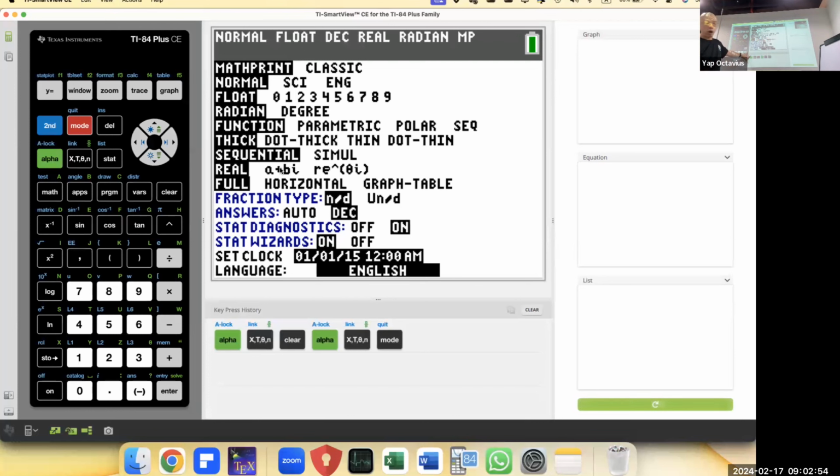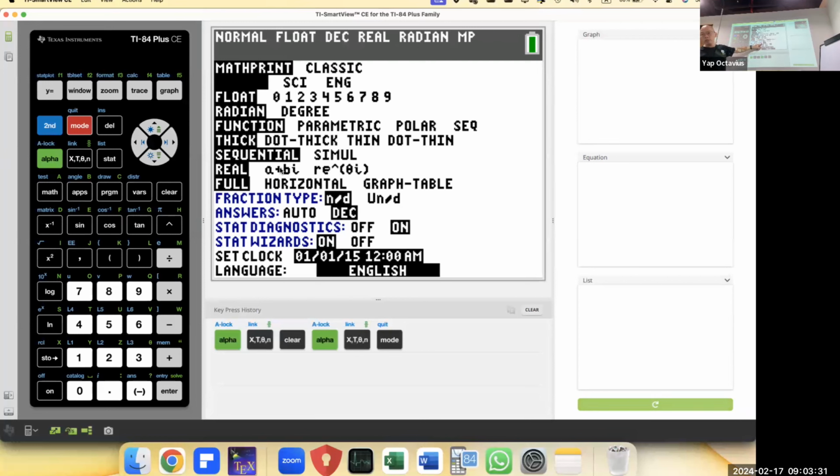Off it first, because you don't need it until next year. Then the clock, all this you adjust yourself. Don't anyhow change the language. The language you change, cannot change back, must reset. Okay, so roughly what you will always need to manipulate is between radian, degree, function, parametric, these two. The rest and then the answer, yours in auto, so keep it there.